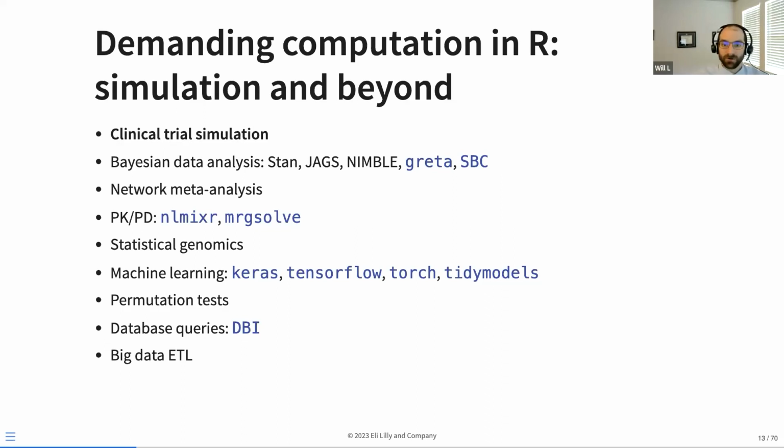And there are sophisticated Bayesian models that run, from hierarchical models and beyond, to compare studies in a very indirect but principled way. Things like PKPD, statistical genomics, where data sets are enormous, machine learning, and other applications come up a lot that are heavy computations that are done in R.